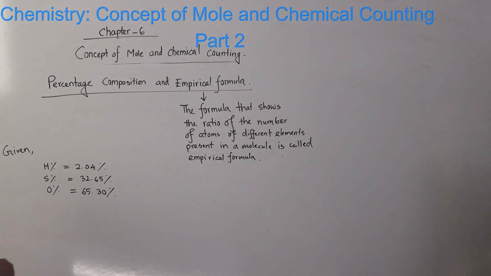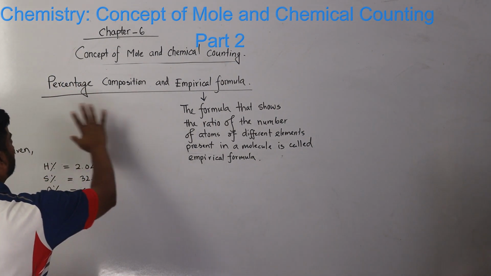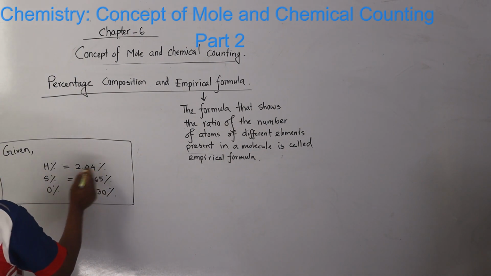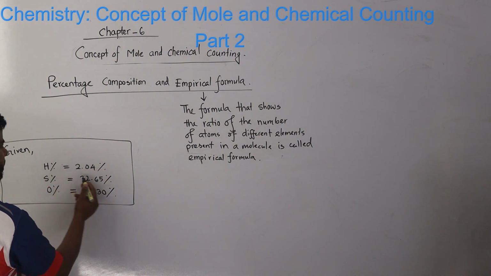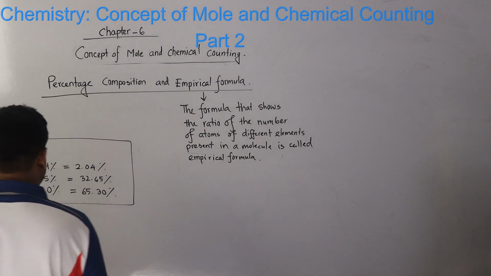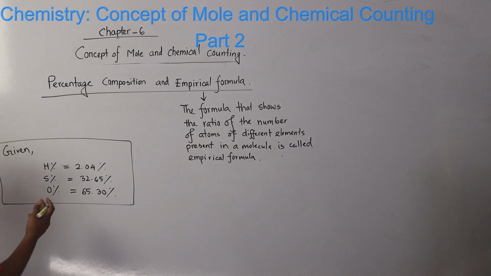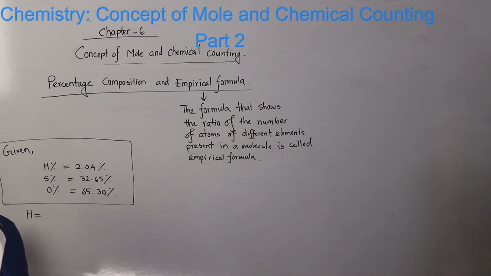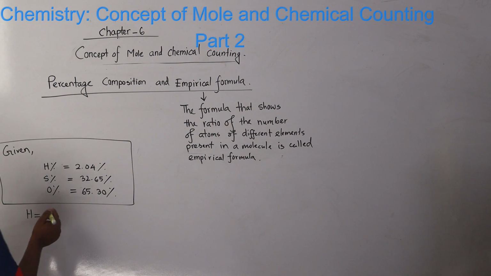How can we find out the empirical formula from percentage composition? Say the percentage compositions of different elements are given: hydrogen 2.04%, sulfur 32.65%, oxygen 65.3%. First we have to divide this percentage composition by its atomic mass.